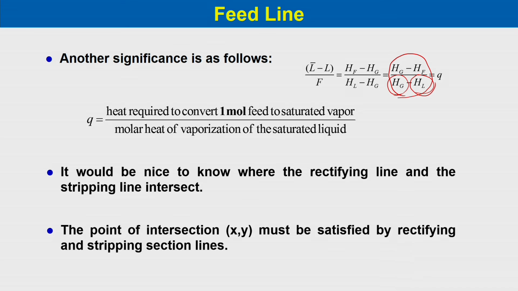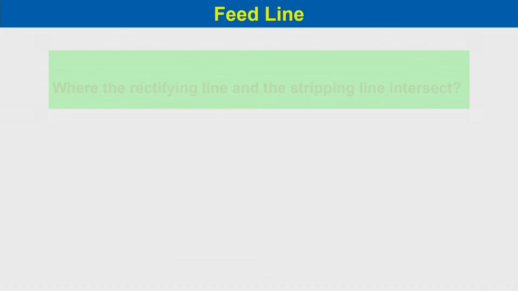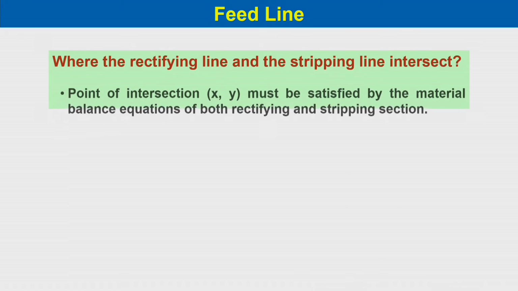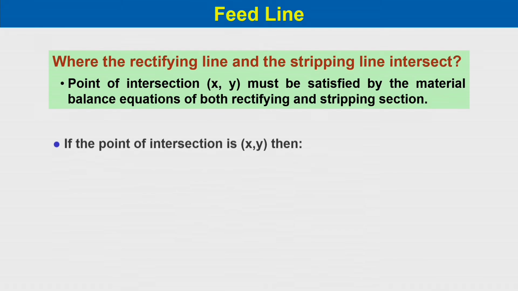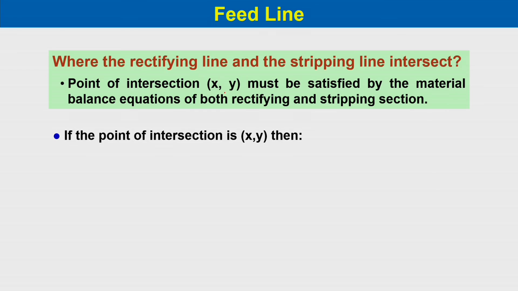So, the feed point x y must be satisfied by both the rectifying section and the stripping section operating lines. So, the point of intersection x y must be satisfied by the material balance equation of both operating lines.